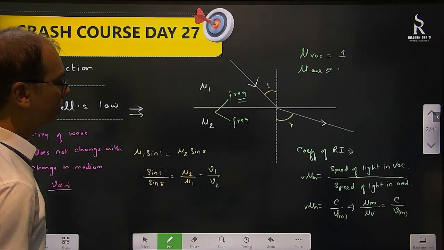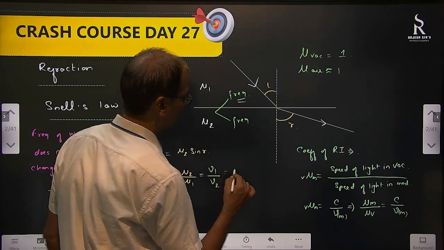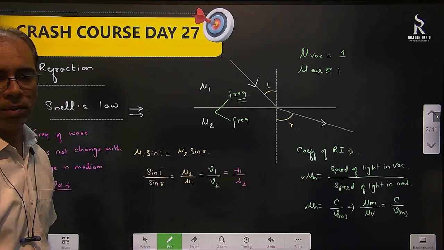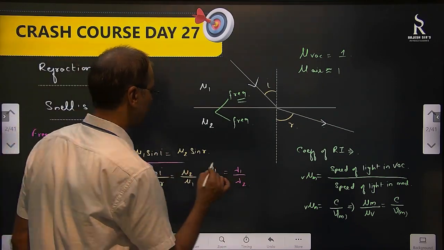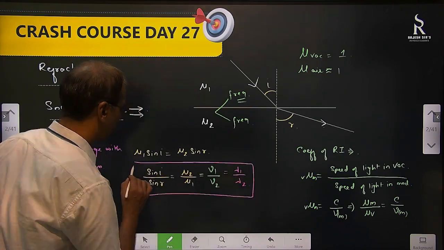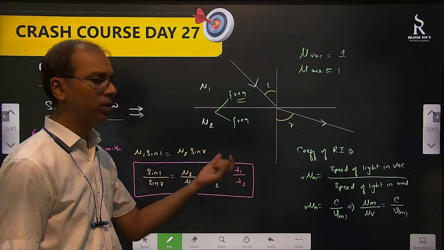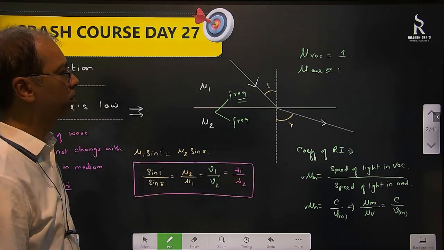So what can we write over here? We can write this as lambda1 by lambda2. So this is actually Snell's law: sin i by sin r equal to mu2 by mu1 equal to v1 by v2 equal to lambda1 by lambda2.